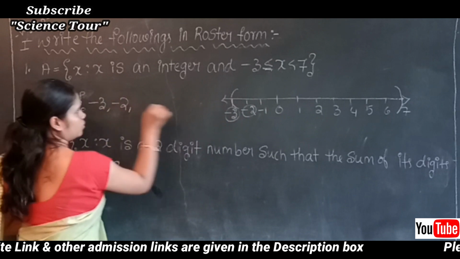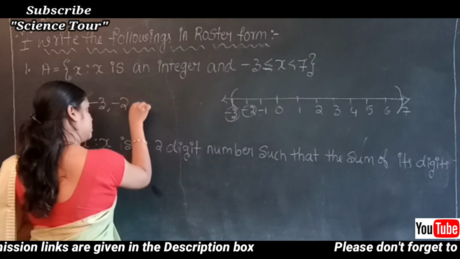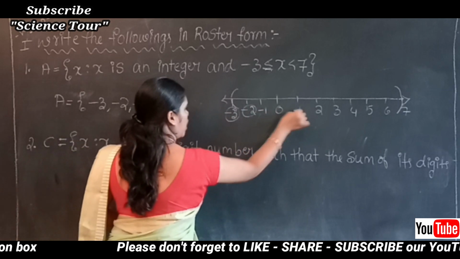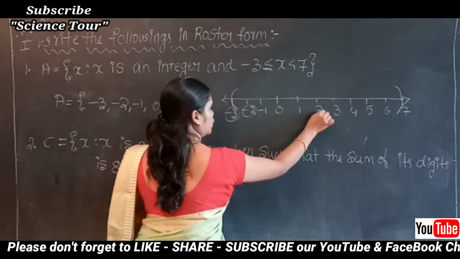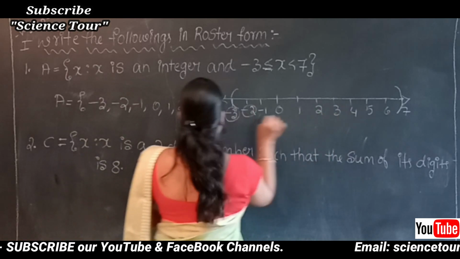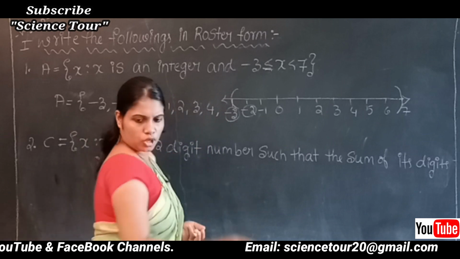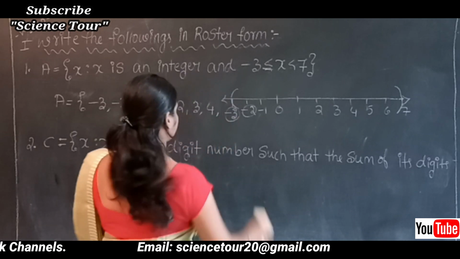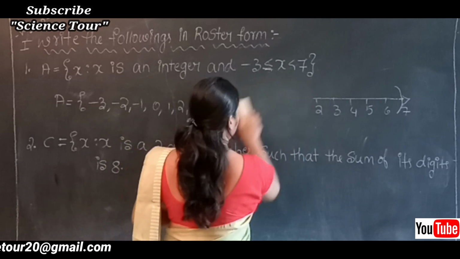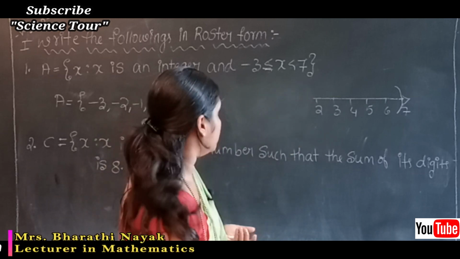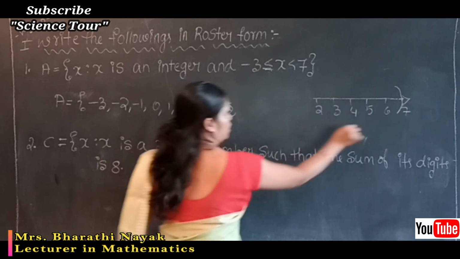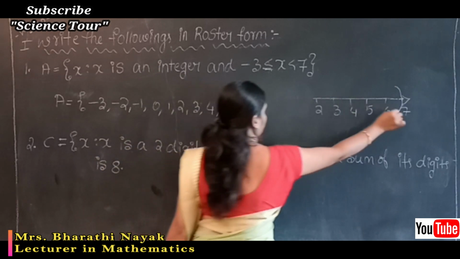-2, -1, 0, 1, 2, 3, 4, next which number after 4? Next 5, 6. Can I choose this 7?